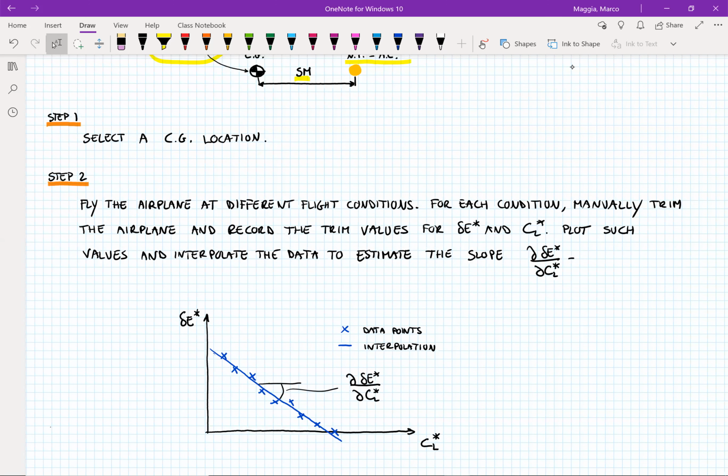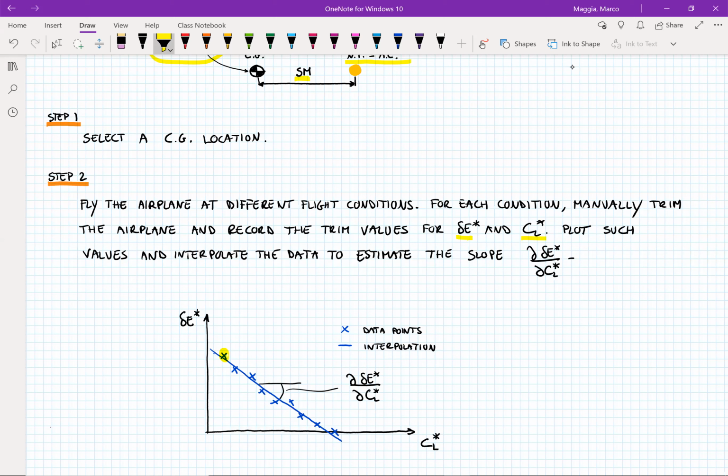Now, what we're going to do with that fixed, we're going to fly the airplane at different flight conditions. And for each condition, we trim the airplane so it flies level cruise. And we record the trim values for the elevator angle and the CL. And for each pair, we're going to put them in this CL delta E plot. So for each flight condition, we're going to have a different point with the same location of the center of gravity.